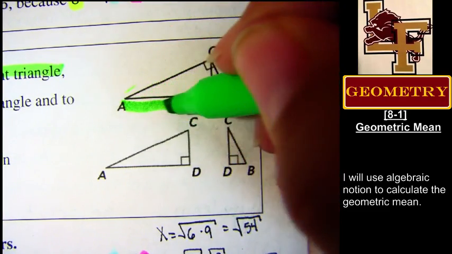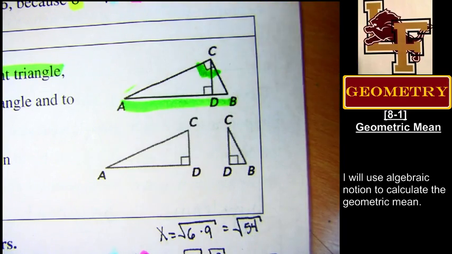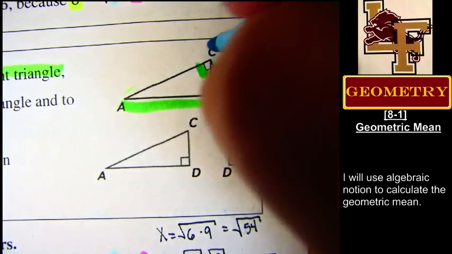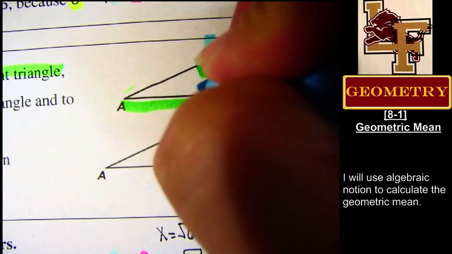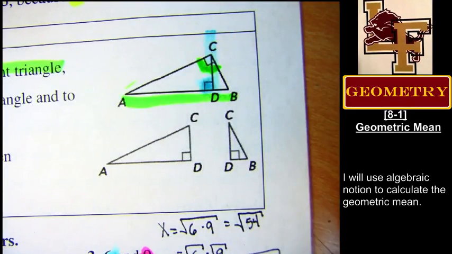Yes. Here is the hypotenuse because this is the right angle for the big right triangle. This is the altitude because I have a right angle forming right there at the hypotenuse. Yes? Okay.